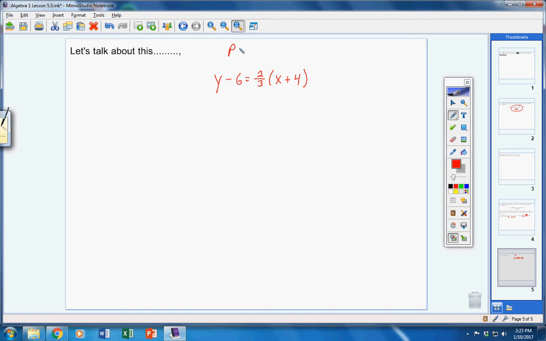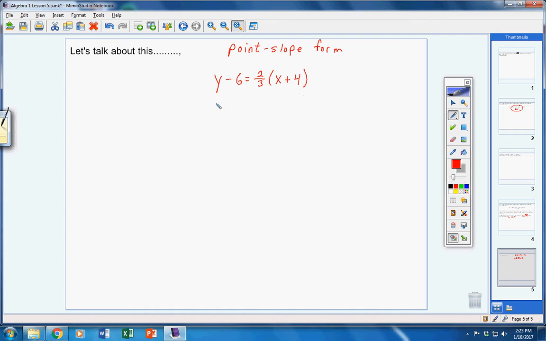Please make note of this in your notes. This is a perfect example of the point-slope form of a linear equation. However you want to take notes, write this equation in your notes, and make note somewhere that this is an example of point-slope form. Now, let me explain to you how I know that.